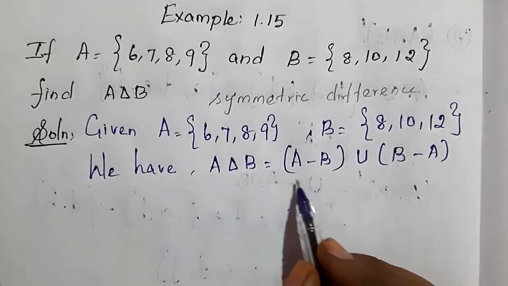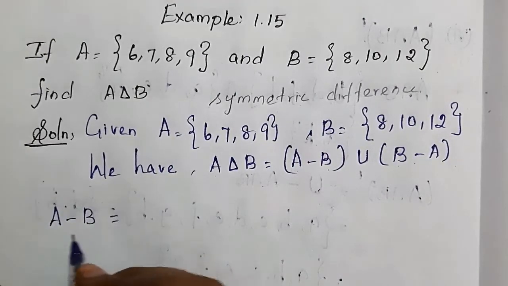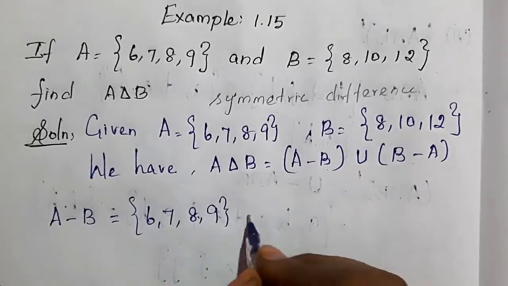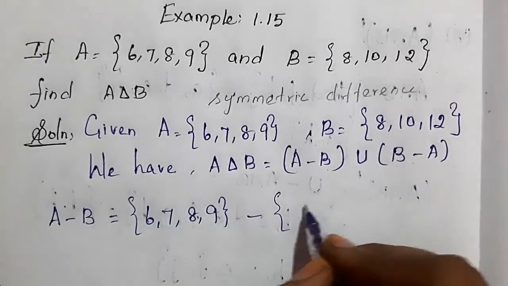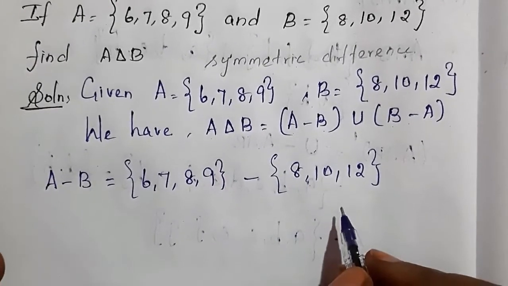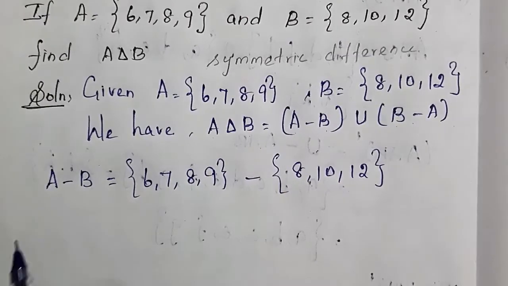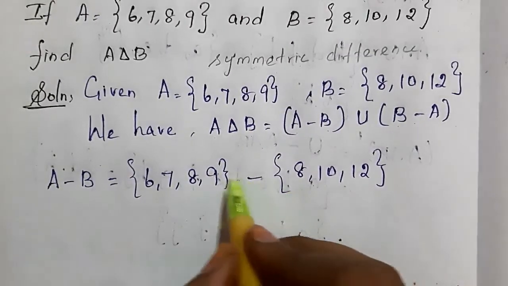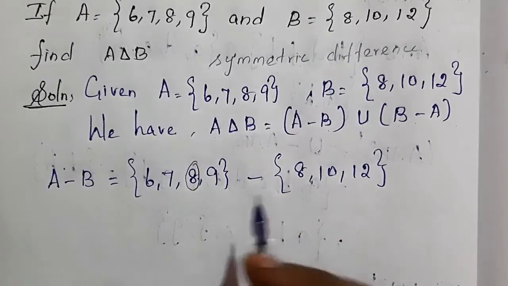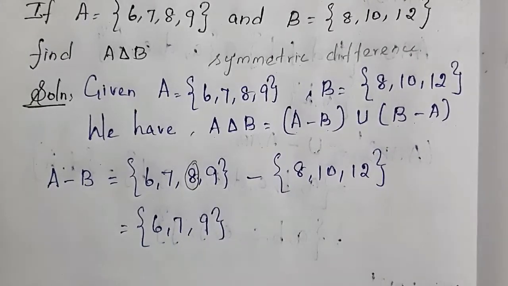First we can find out A minus B. A minus B equal to, first write A set 6, 7, 8, 9, then minus, write B set, that is 8, 10, 12. Your aim is to remove B elements from the set A. Check, is there any B element here? Yes, only one B element, that is 8. So we remove 8 and write the remaining elements 6, 7, 9. So this is A minus B.